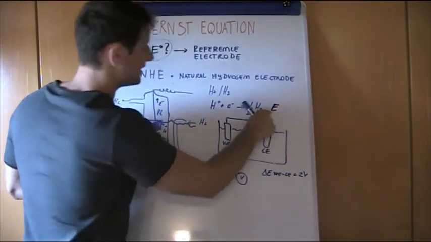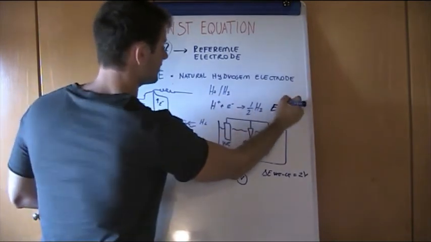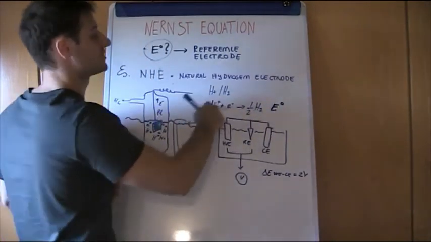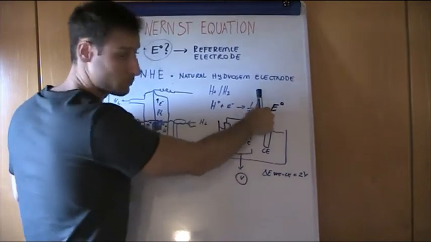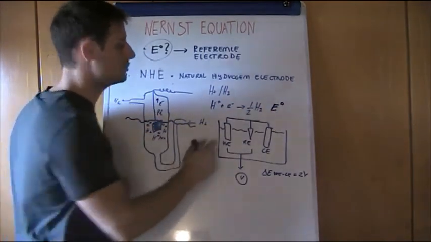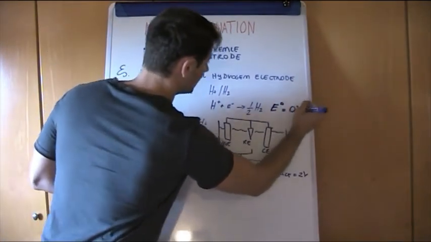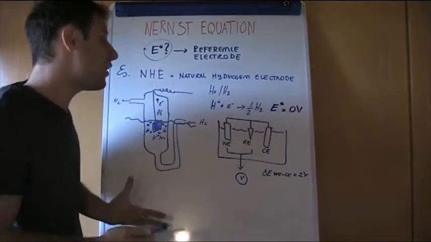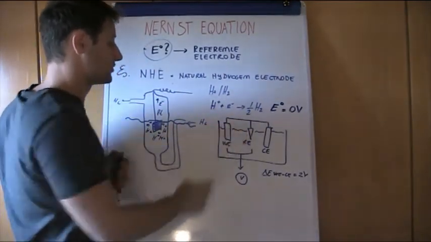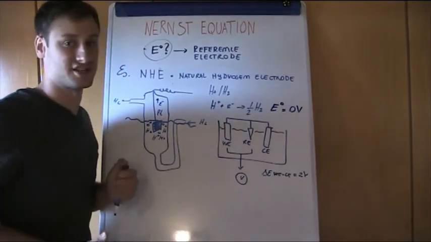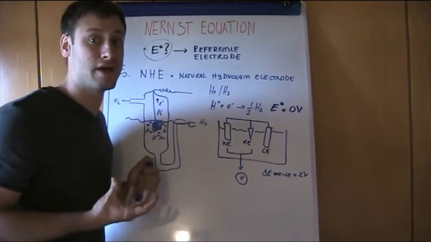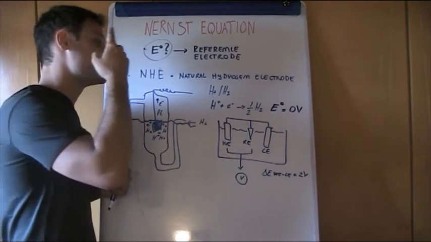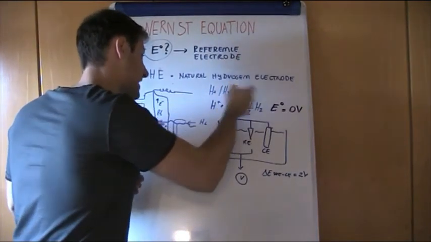For instance, in standard conditions, the reduction potential of this semi-reaction is equal to 0 volt. But how can we know this? How can we know that this electrode potential is 0 volt in standard conditions if we are not able to measure it? We make a decision.